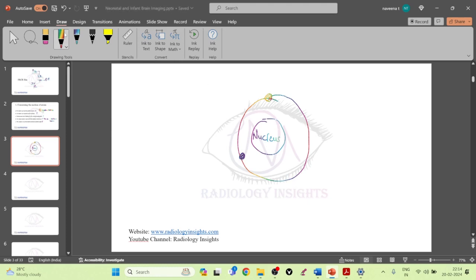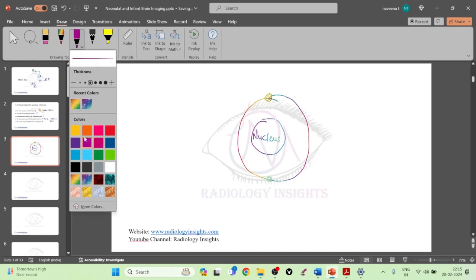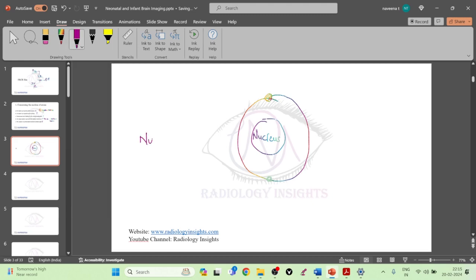In the first one we'll have only one. The first K shell will have 2 electrons. So what does the nucleus consist of? The nucleus will contain protons and it will also contain neutrons.